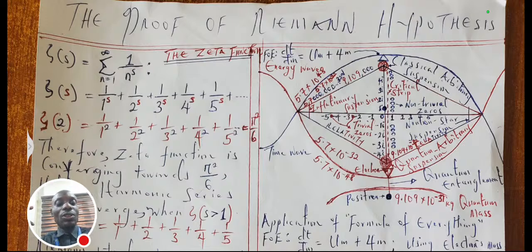So the non-trivial zeros are the encoded primes that we need to unravel the mystery of in this particular video. Sit back, relax, and enjoy what I have for you in this particular video.